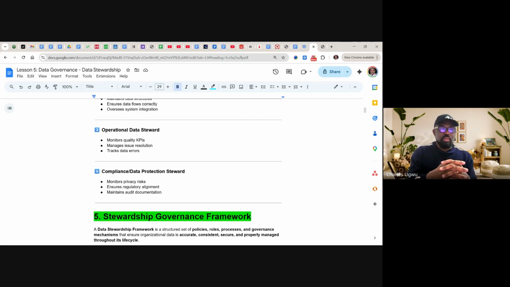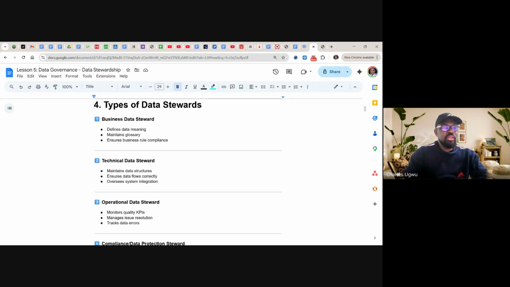They maintain all this documentation. So you see these four types of steward. It only happens for big companies. That's where they can have division of labor and have different types of data steward offices working.